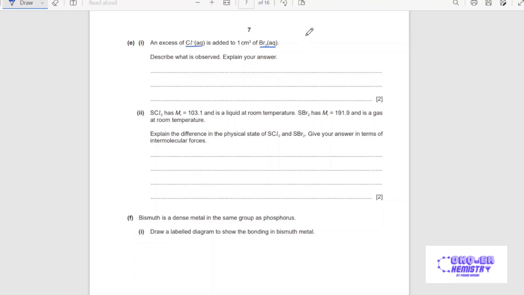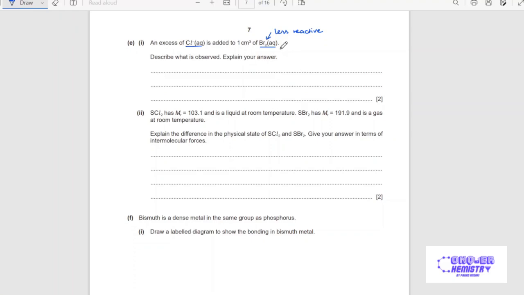And so if you have a more reactive halogen being added to less reactive halide solution, then you will get a displacement. But because bromine is below chlorine, this is less reactive, right? And because it's less reactive, the chlorine will not be displaced from the chloride solution. So the observation is nothing's going to happen, all right?